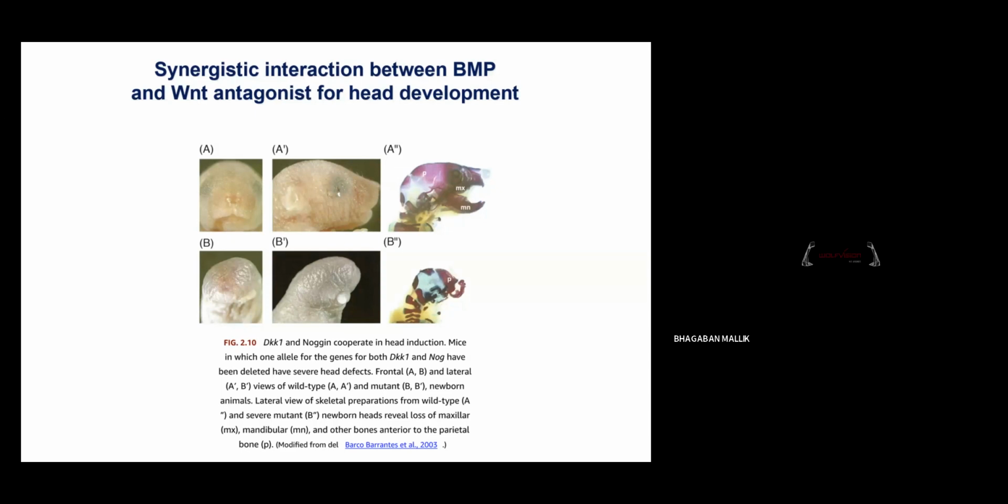That suggests there is a synergistic interaction between the BMP antagonist and the Wnt antagonist for the posterior and anterior development of the animals, because we know that Wnt regulates posterior development, right? And this antagonist DKK1 actually inhibits posterior development. Is it clear?